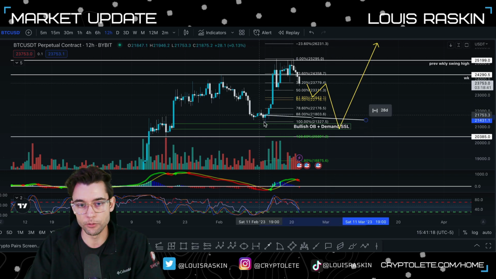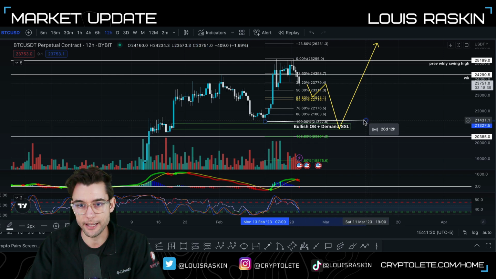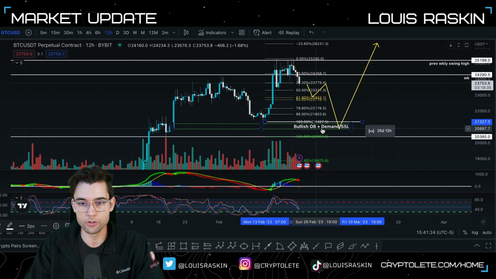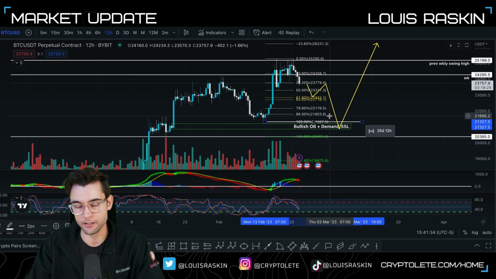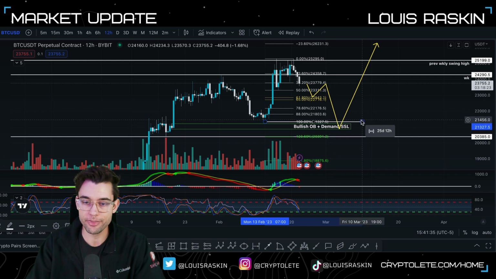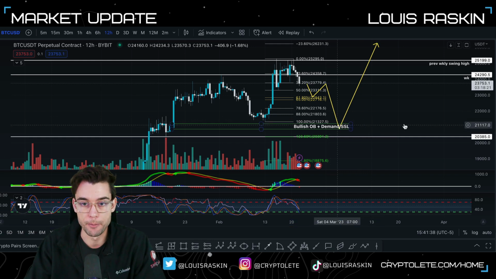So right now, well, we have this swing low right here, right? And it's like we have this swing low. Right below that is the bullish order block and demand. So there's a lot of sell side liquidity right here for the people who bought right here, who have their stops down here, or the people who will buy if we get a retest of the bottom with their stops down here. So I'm thinking that this is probably going to happen.